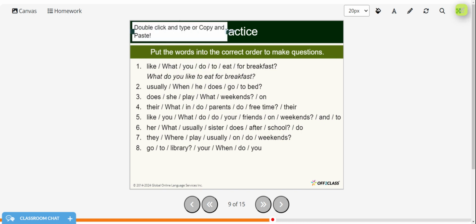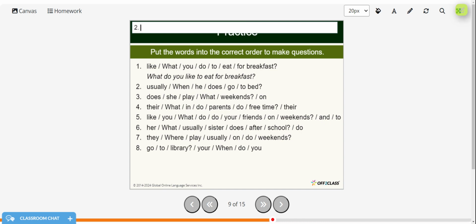All right, we're going to go over the answers. So we'll look at number 2. Usually when he does go to bed. So to use our sentence structure, it would be, when does he usually go to bed?